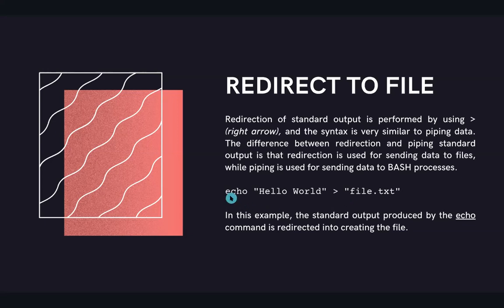So here, if you call this command echo hello world right arrow file.txt, it will direct this hello world as a standard output to a new file called file.txt under the same directory you are currently in, and then you can actually see the text in the newly created file.